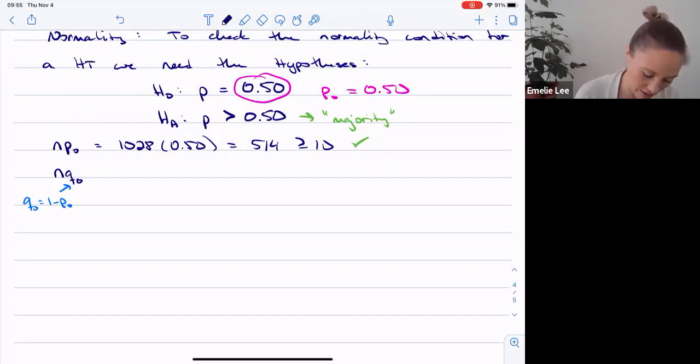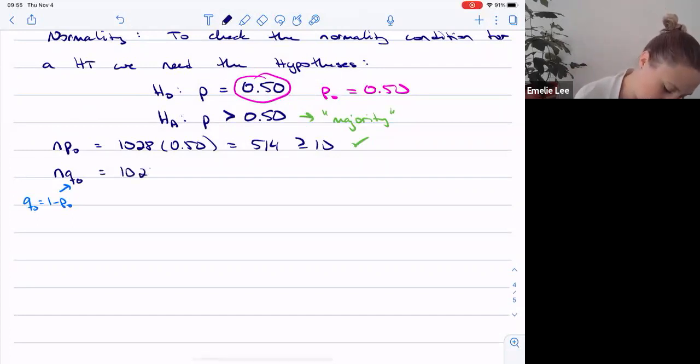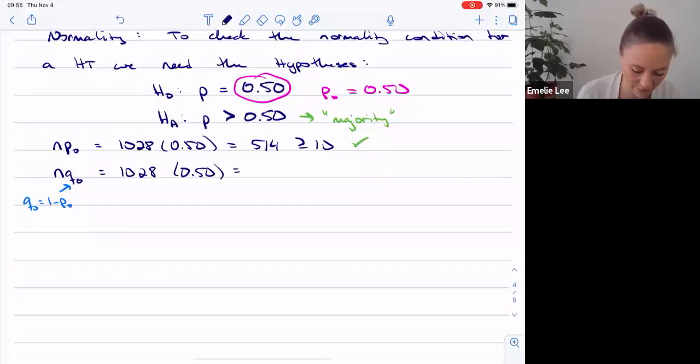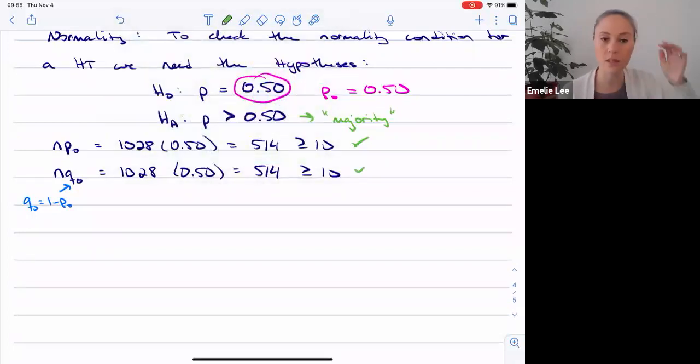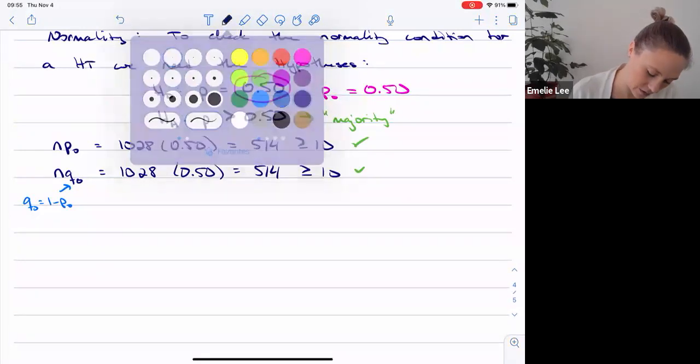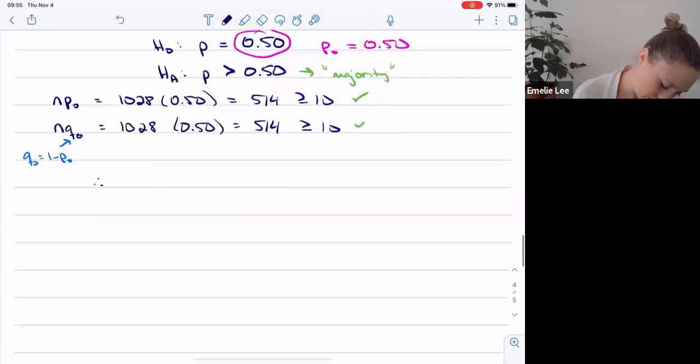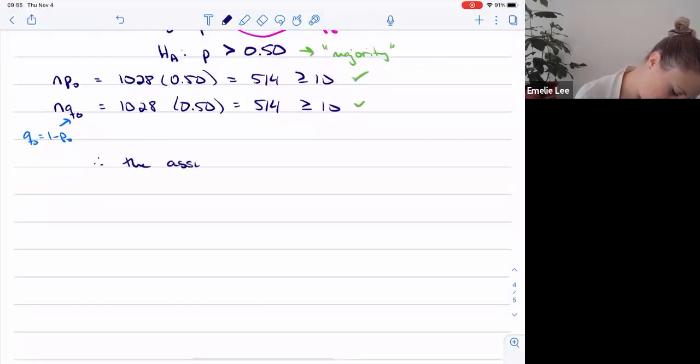And you'll probably want a little shortcut as well. 1,028 times technically 1 minus 0.5, but I'm just going to go for 0.5 is still 514, which is also greater than or equal to 10. Like I said, these will always check out. It's just we have to remember to check them. So therefore, the assumptions for inference are satisfied.